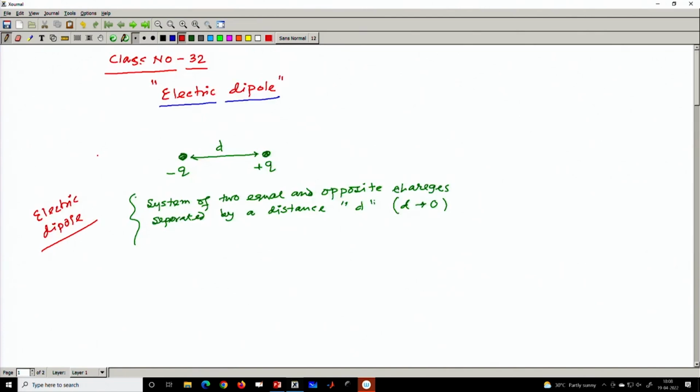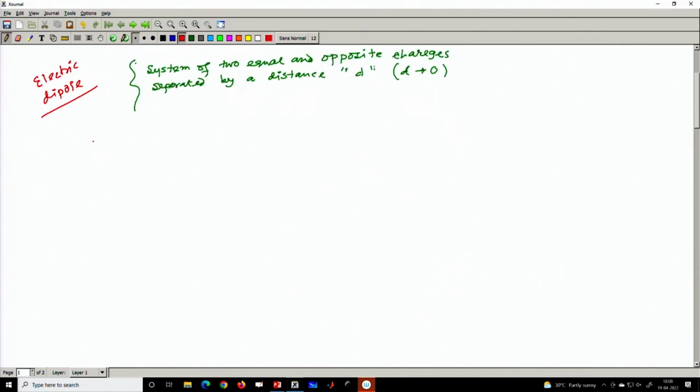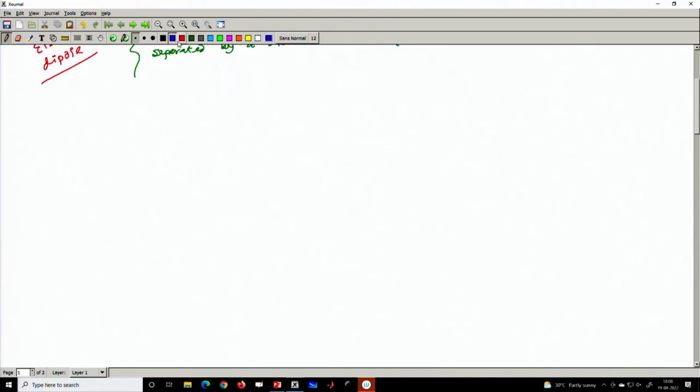We will do a more detailed discussion about the electric dipole and see that a system of charge distribution can also be considered to be a dipole, where the system of charge distribution has total charge q equal to 0.